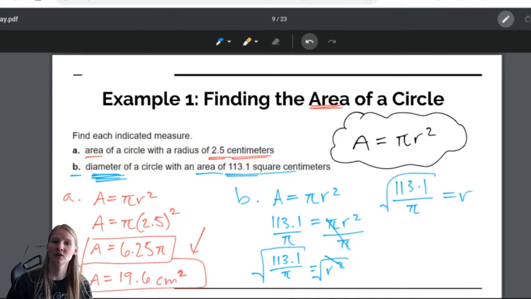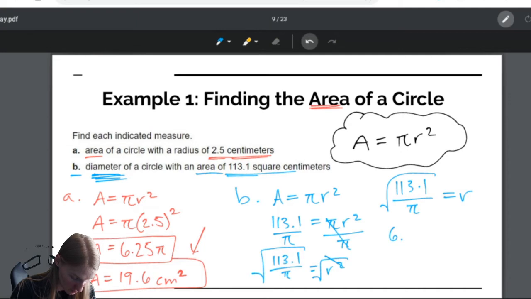Do you know what that looks like? No. Which is why we are going to take the square root of 113.1 divided by pi. And that gives us approximately 6.00007.